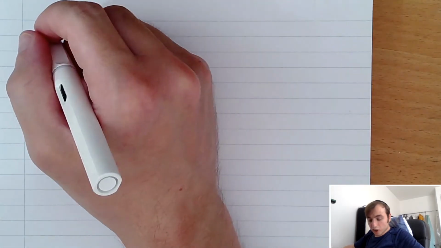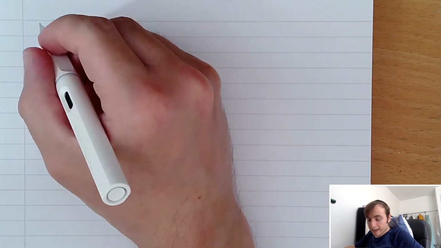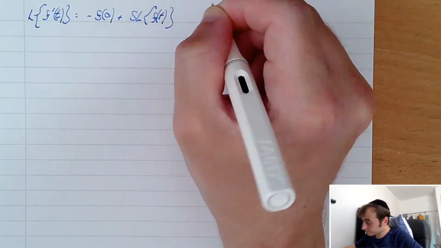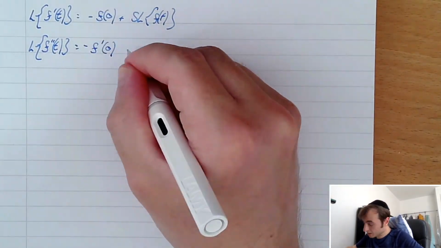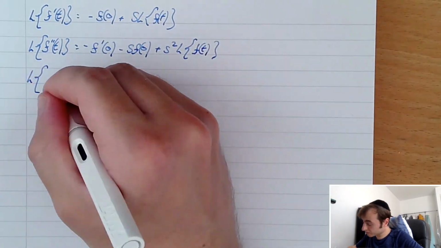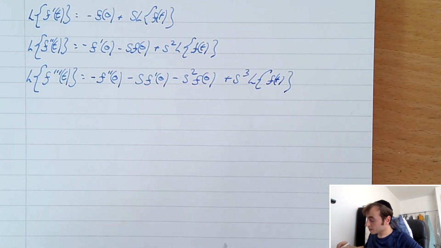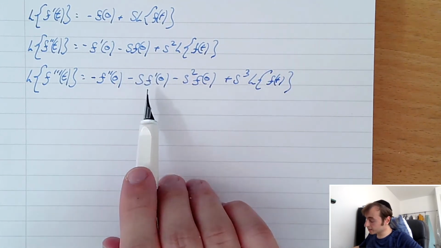Okay, so I'm just going to copy out the results that we had. So we've got them one underneath each other. There's a pattern that's starting to emerge here.